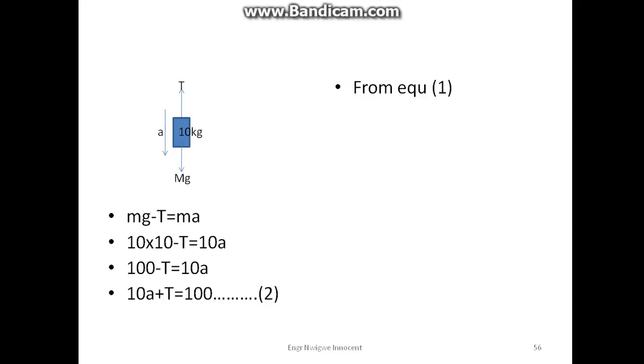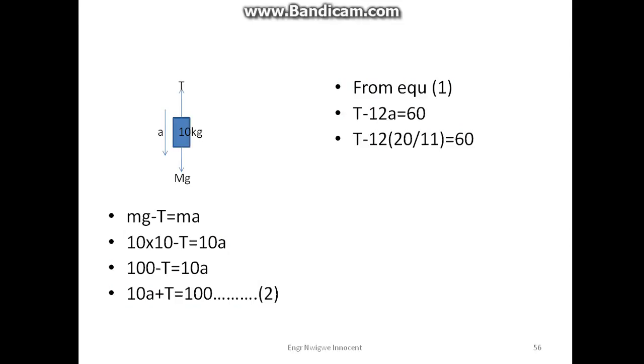Then, using the elimination method to solve the simultaneous equations 1 and 2, we subtract the tension and now have minus 22A is equal to minus 40.